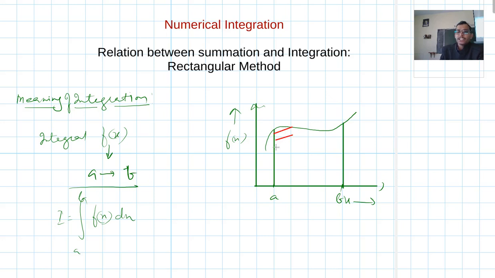So this is the shaded region. Basically we are interested in finding this area under the curve, the area of the shaded portion.